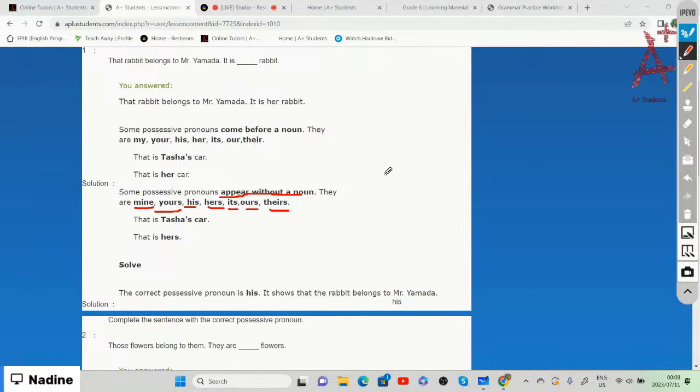We can then just say it is hers, right? Not her car, hers.